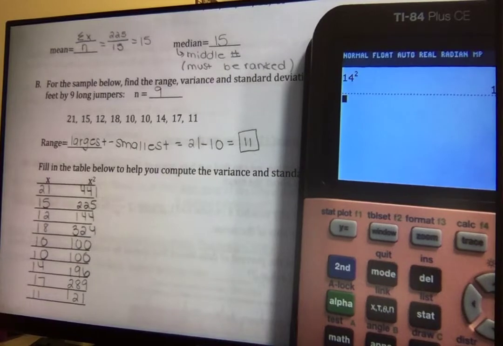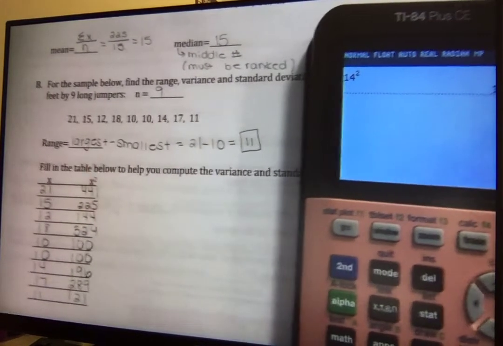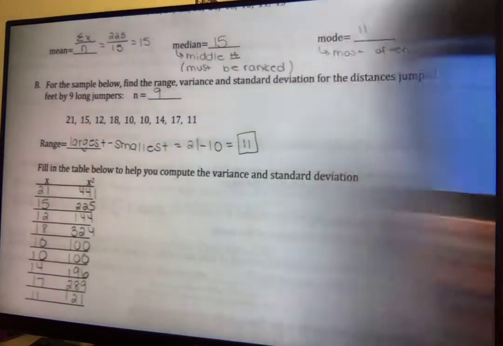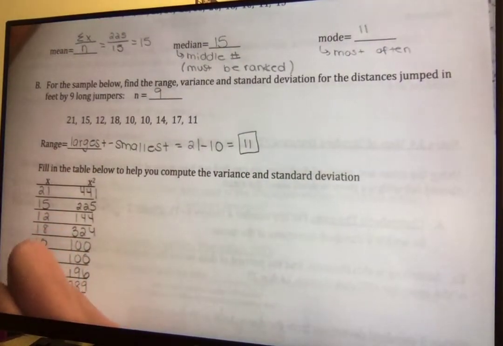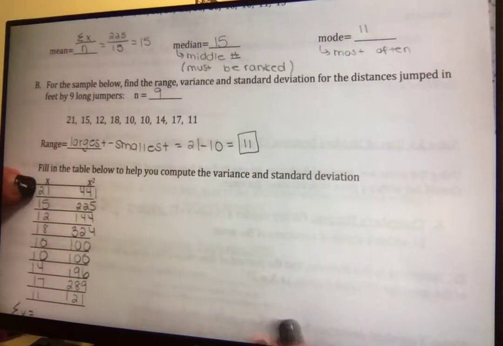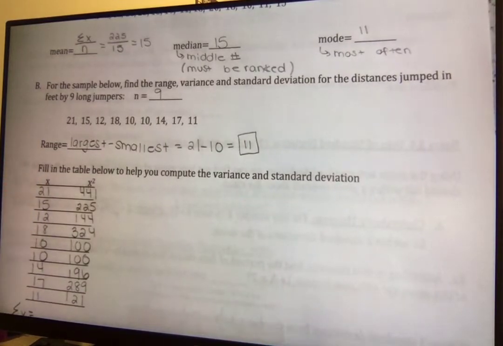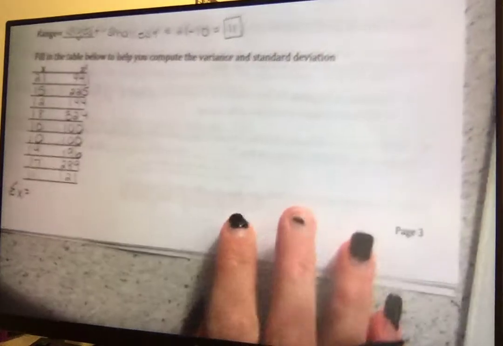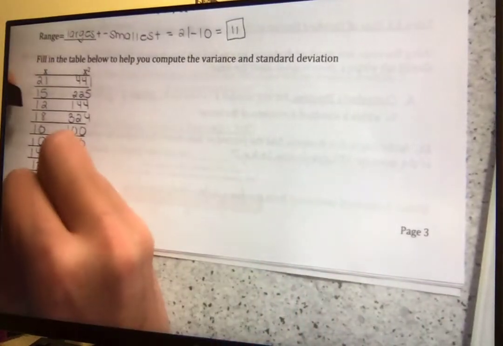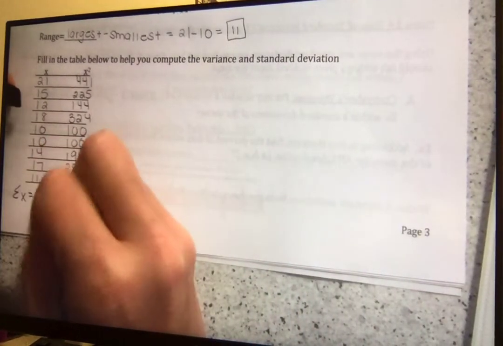If you look on the next page, it asks us to find the sum of the x column and the sum of x squared. So let's do that while we're here. The sum of our x column: 21 plus 15 plus 12 plus 18 plus 10 plus 10 plus 14 plus 17 plus 11 gives us 128.